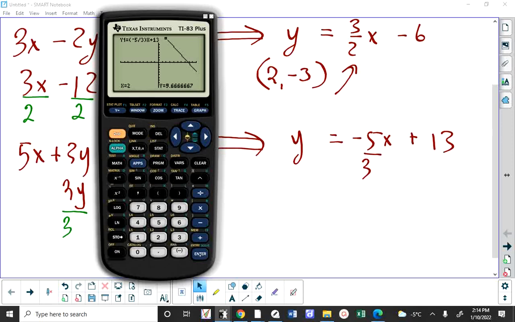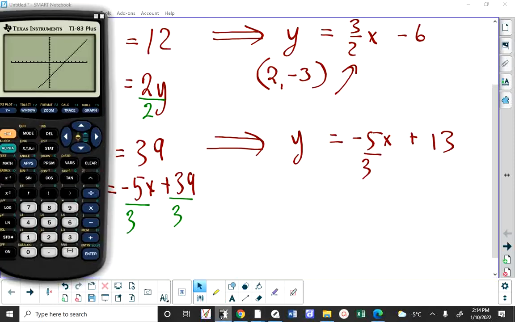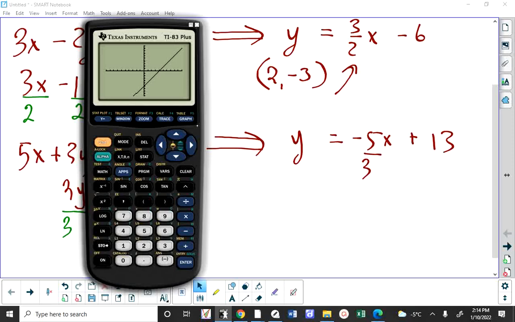I think many of you would have just remembered that the solution to a system is where the lines intersect, but this is why. There are an infinite number of pairs of numbers that make each of those two equations true, but there's only one point that makes them both true. And that's the point of intersection.